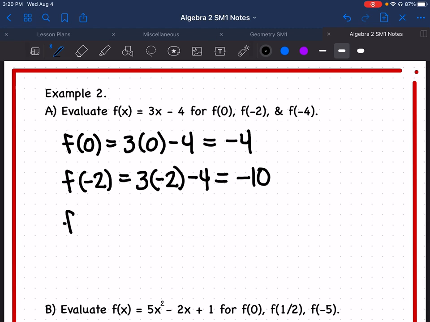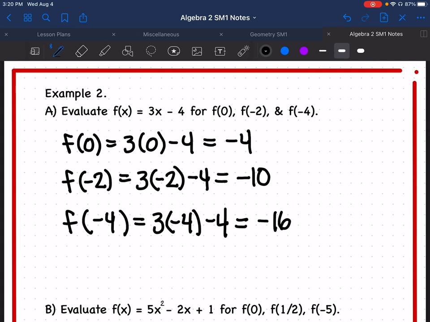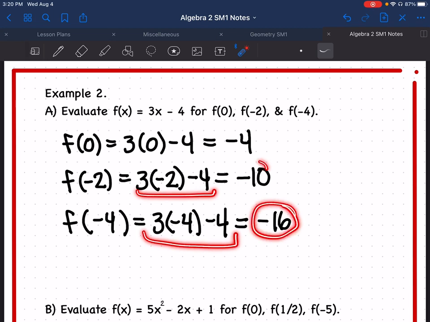And for the last one, f of negative 4 means I'm going to replace that x with a negative 4. And I'm going to get negative 16. All I did, guys, was place this part right here into the calculator, and that's how I got my answers for all of them.